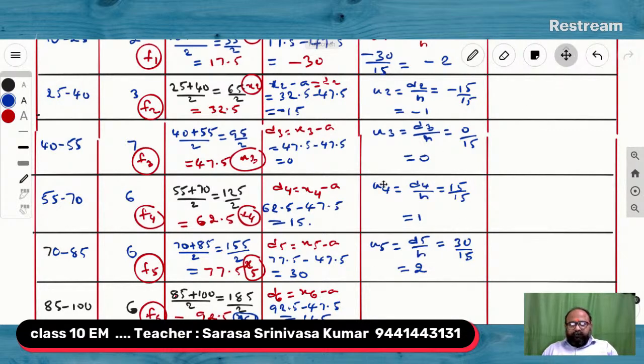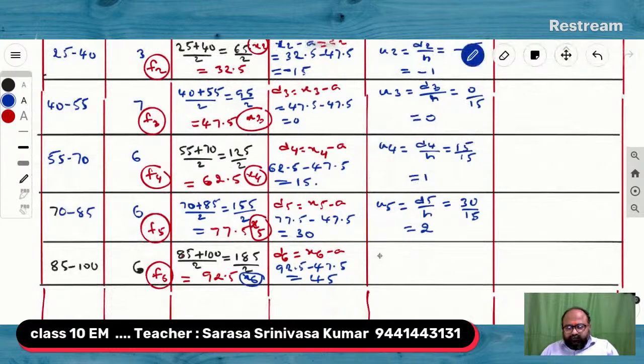Now we find U6. U6 is D6 by H, that equal to 45 by 15, which is equal to 3. So U6 is 3.